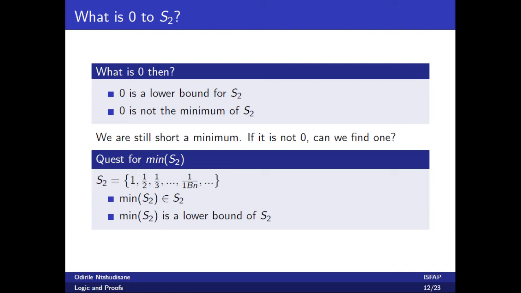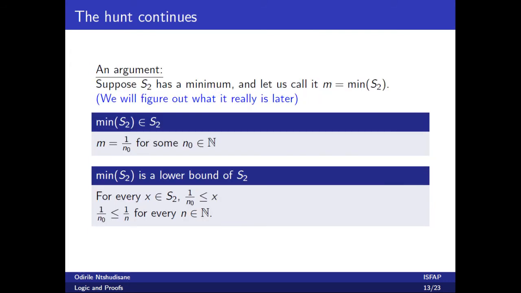The minimum of S2 is an element of S2 that is also a lower bound of S2. For argument's sake, suppose that the minimum small m of S2 did exist. We'll just figure out what it looks like later.